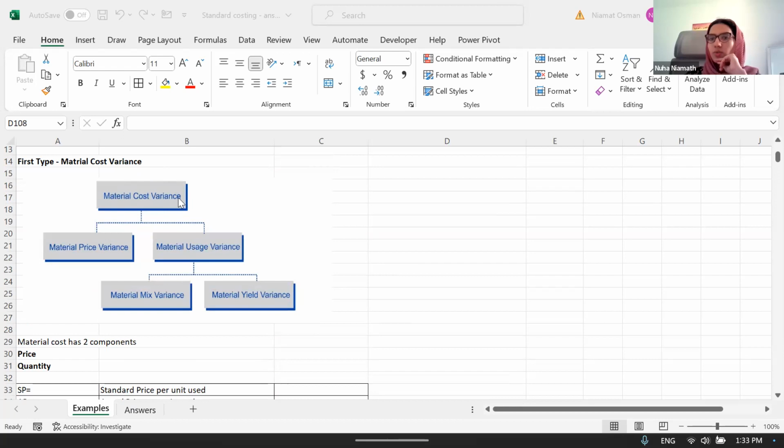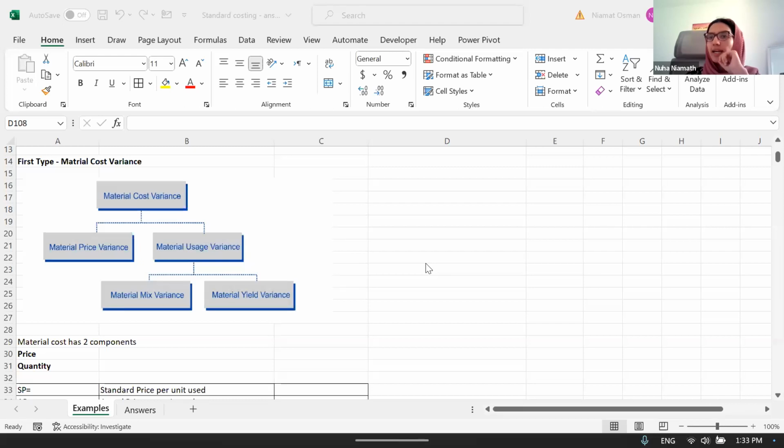Yes, Khatija says SQSP minus AQAP. Perfect. Others, I would like to hear from everybody. Perfect. AD said standard cost minus actual cost.